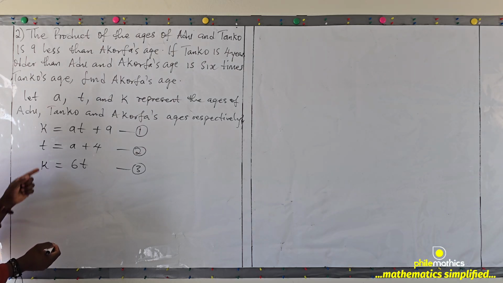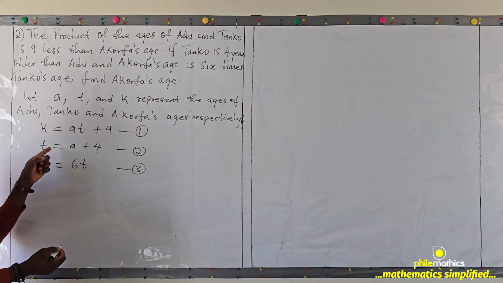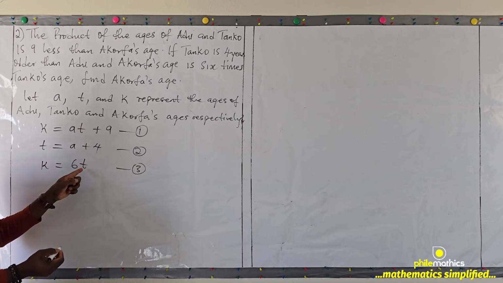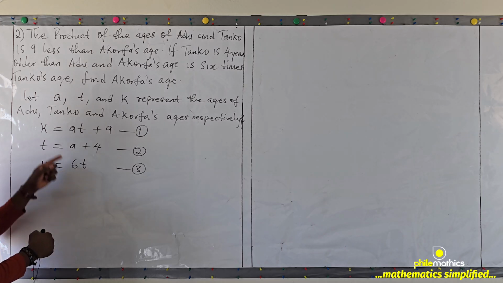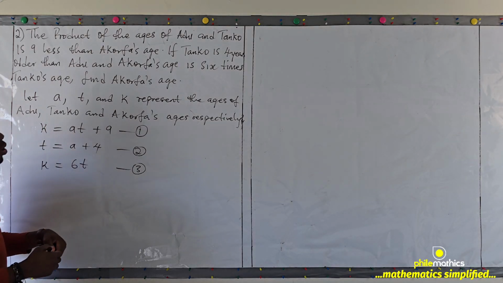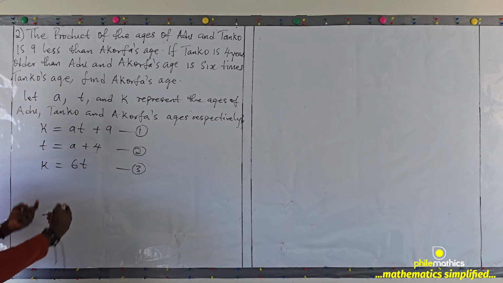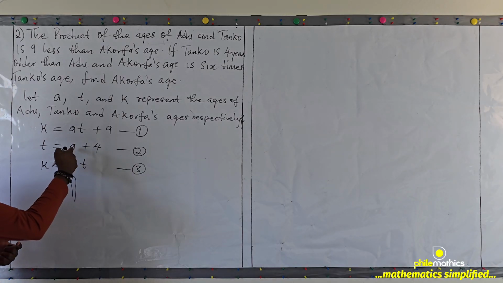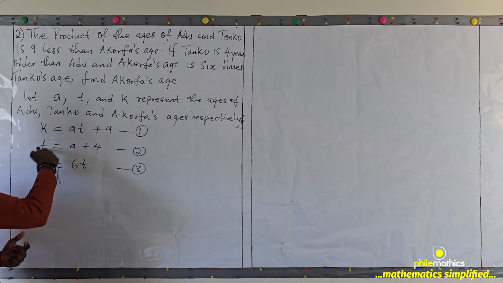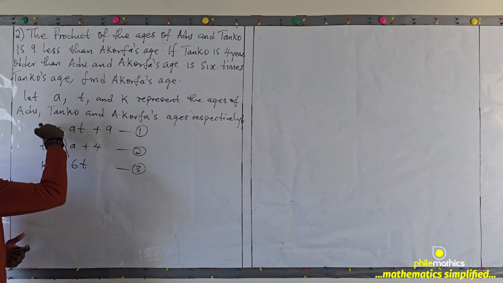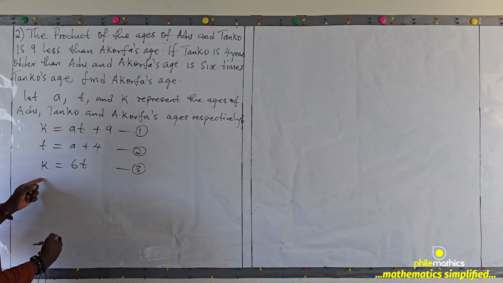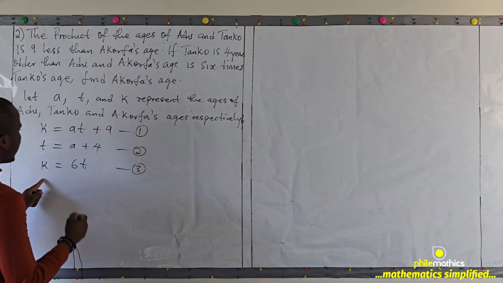So I can decide to substitute T as A plus 4 in equation 1 and equation 3 to leave everything in terms of K and A so that we can find what K is. Or I can decide to substitute A in terms of T in equation 1. I think that will make it much faster.